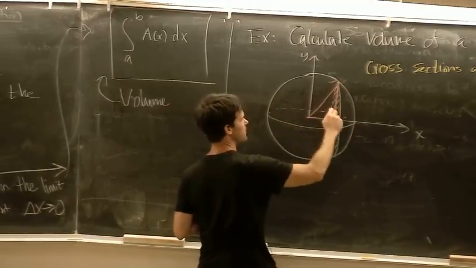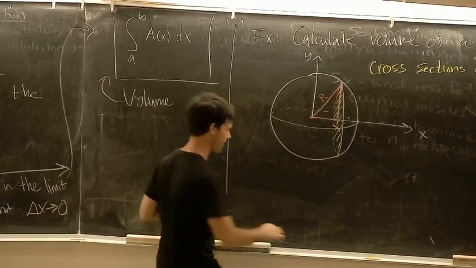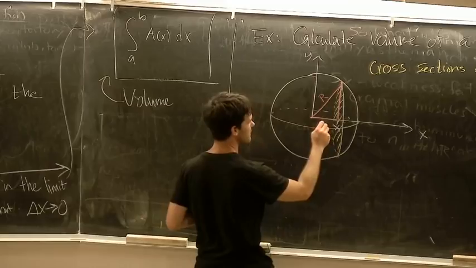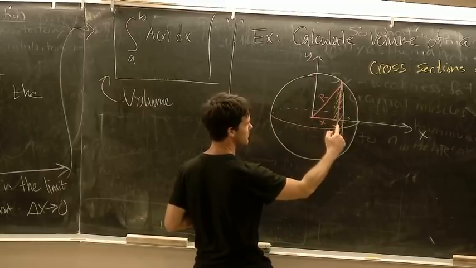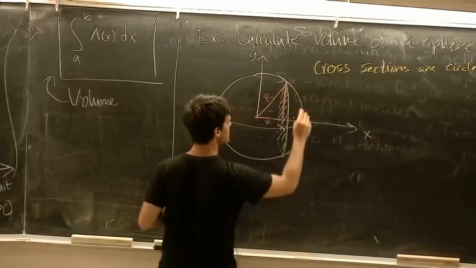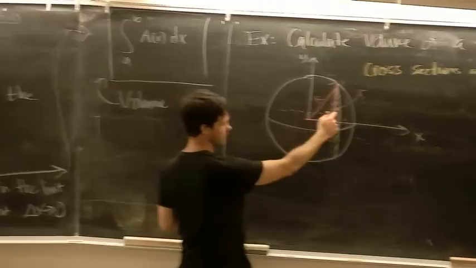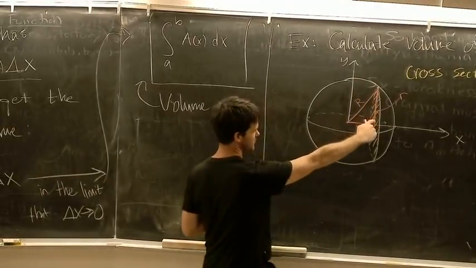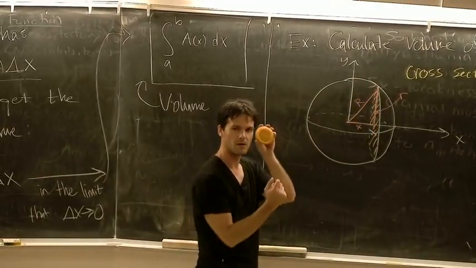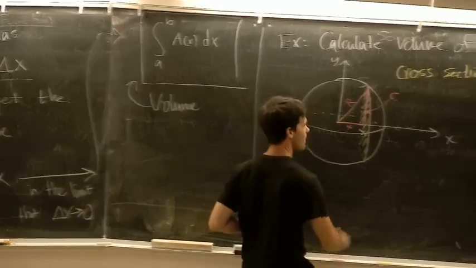Now, the hypotenuse of this right triangle is the radius of the sphere. The bottom side of the right triangle is the position that we're at on the x-axis. And what we want to find is the right side of this red triangle, because that's going to be the radius of this circle that we see.